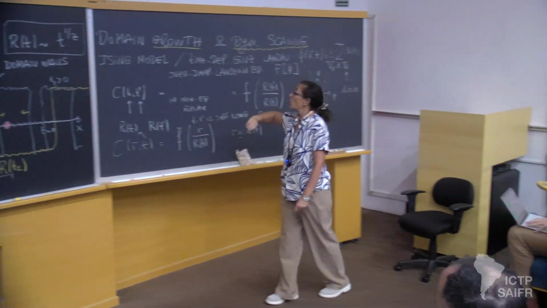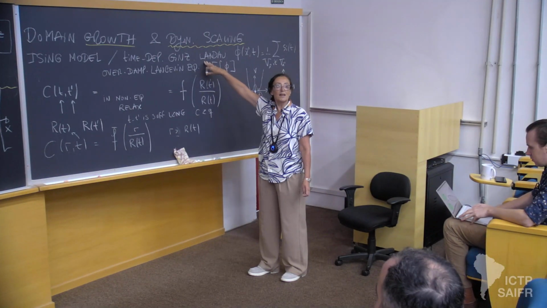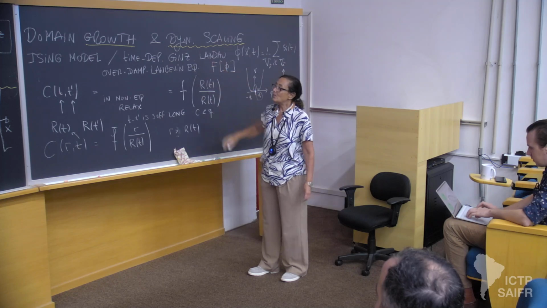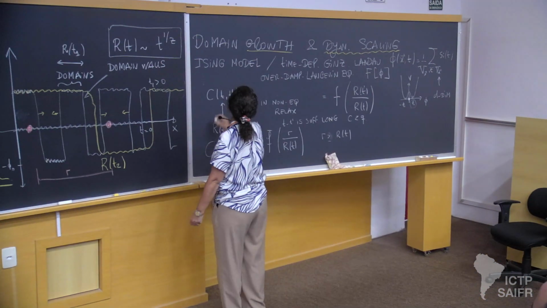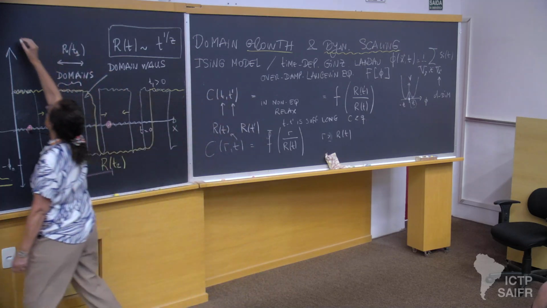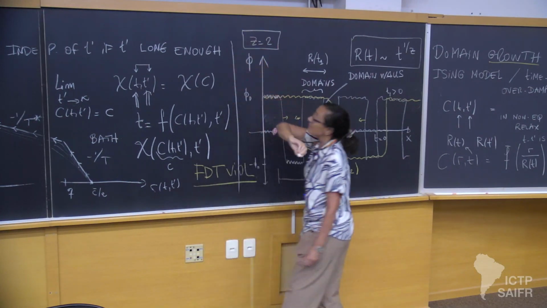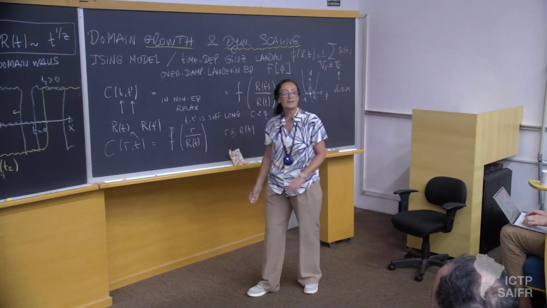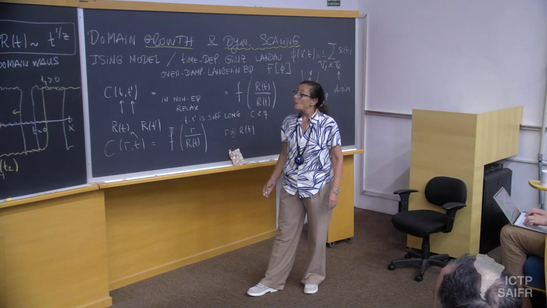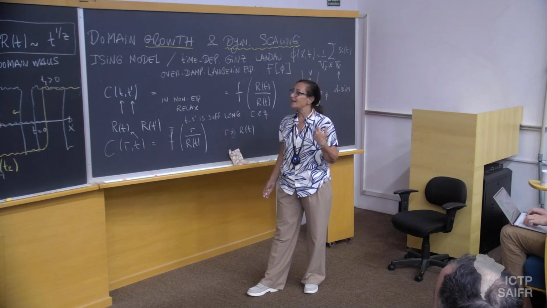In the case of the Ising universality class or the time-dependent Ginzburg-Landau corresponding Langevin equation, you get z equals 2. Let's write it here. And this z equals 2 can also be obtained with the Allen-Cahn argument. In other cases, it's more difficult to do an analytical argument.